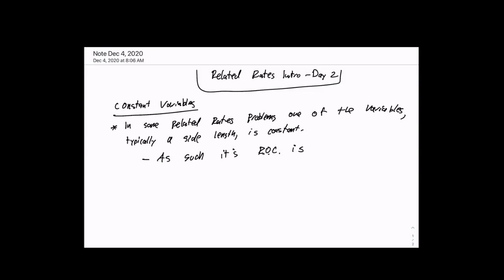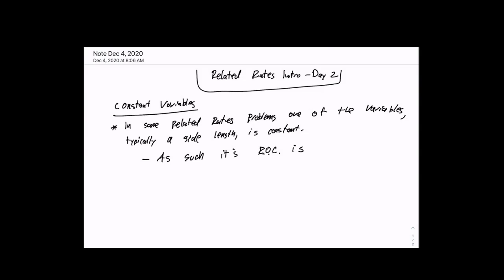If a side length is constant, then what would its rate of change be? What would the rate at which it increases or decreases with respect to time be? Remember, when you think rate of change, you should be thinking derivative. Don't overthink it.